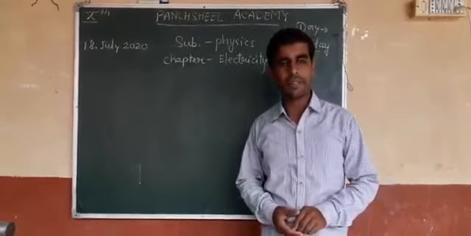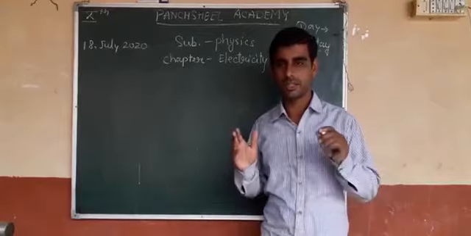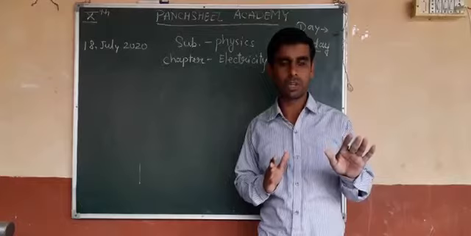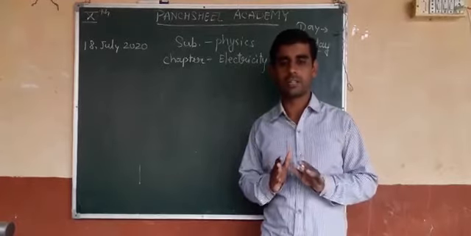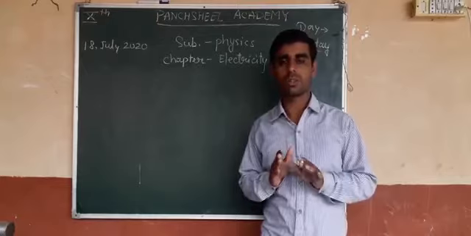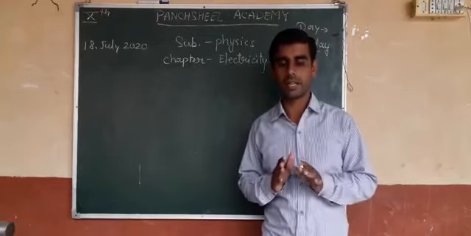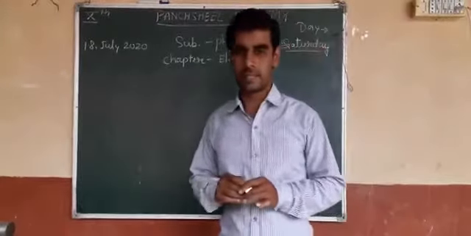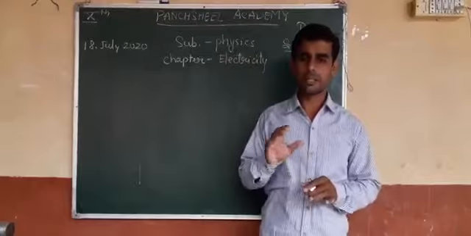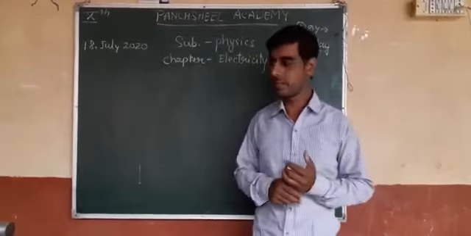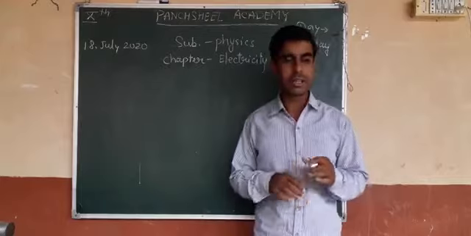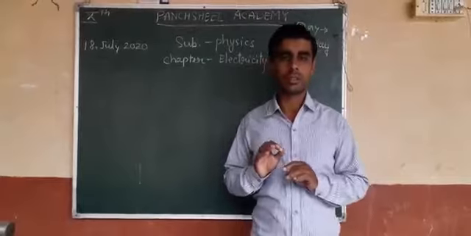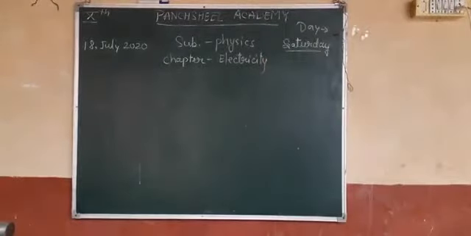In our previous lecture we studied what Ohm's law is, the statement of Ohm's law, the mathematical statement of Ohm's law, the electric circuit diagram and graph for Ohm's law, the definition of resistance, and the factors on which resistance depends. In this section we will study the combination of resistances.